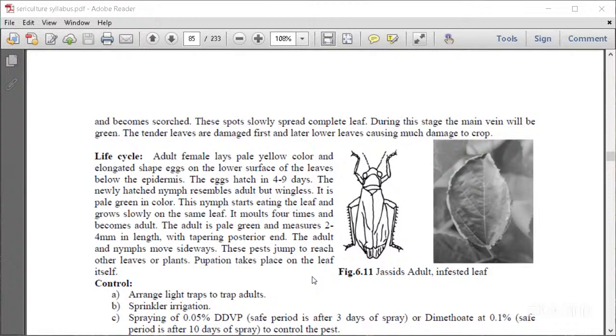It attacks during October to May and directly sucks the plant sap from the veins on the underside of the leaf. While feeding, a virus is introduced by the hoppers into the leaf, which causes hopper burn spots. These spots are triangular in shape with brown at the tip and end of each vein, indicating hopper bite. The affected leaf rolls and becomes scorched.